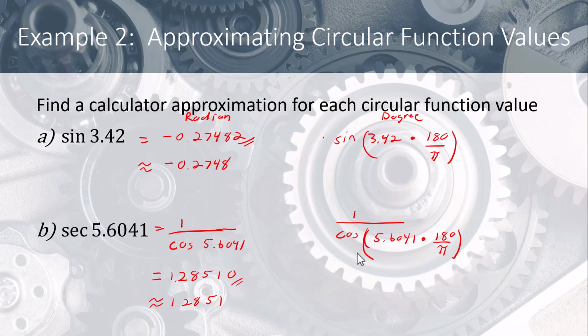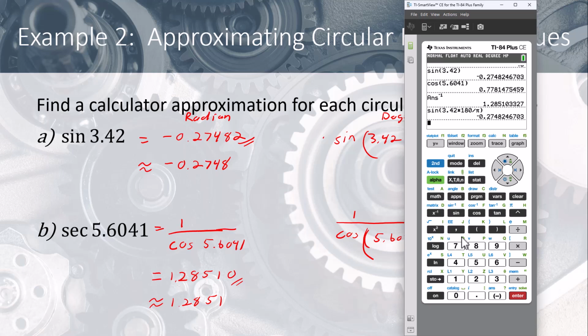And when we do that, it will be cosine 5.6041 times 180 divided by pi. Notice we got the exact same number here. So when we take its reciprocal, we get the exact same number here. So they both give you the exact same response. Whichever approach you want to use depends upon what you are comfortable with.